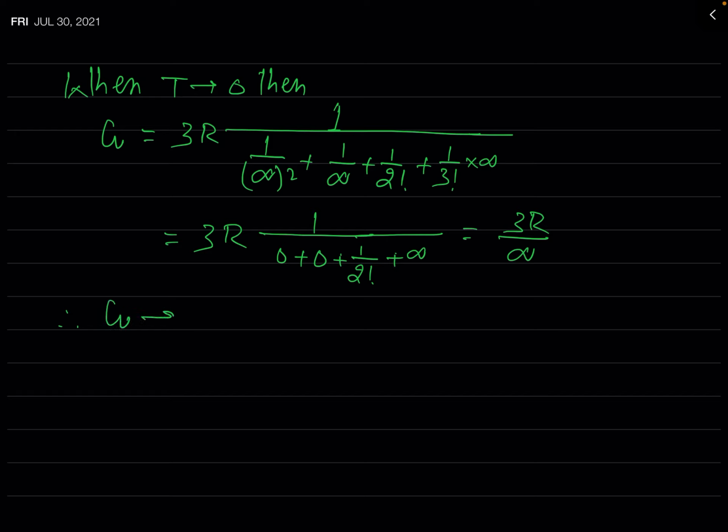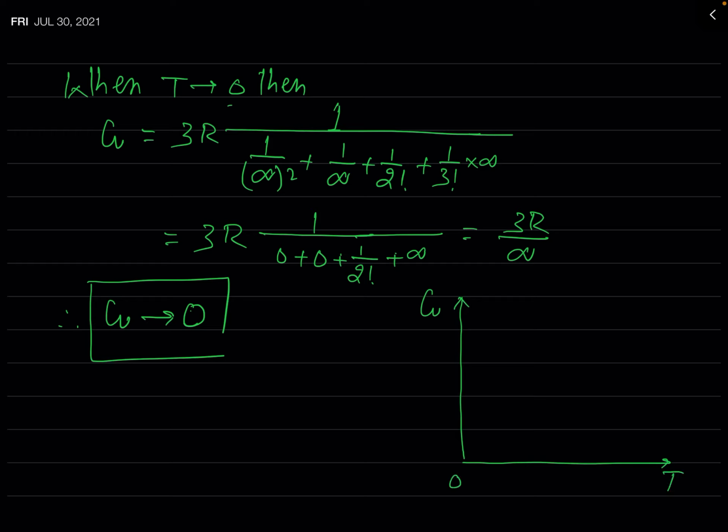So you can see that this Cv is tending towards 0. And this is actually the experimental fact. You have seen in the previous lecture that when Cv of solids are plotted against temperature, the experimental curve is like this.